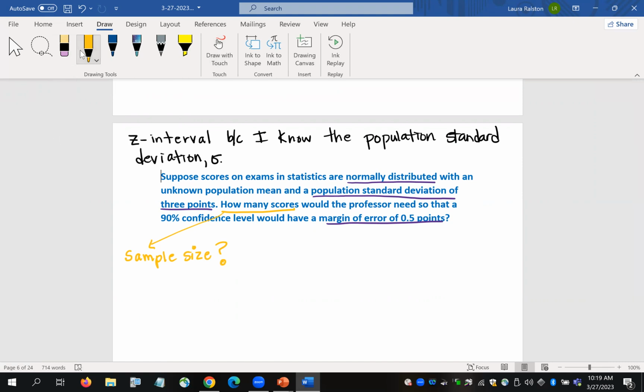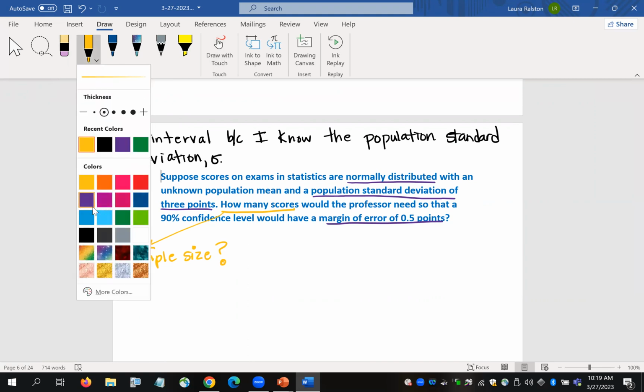To figure out the sample size for a Z interval, I need the formula.